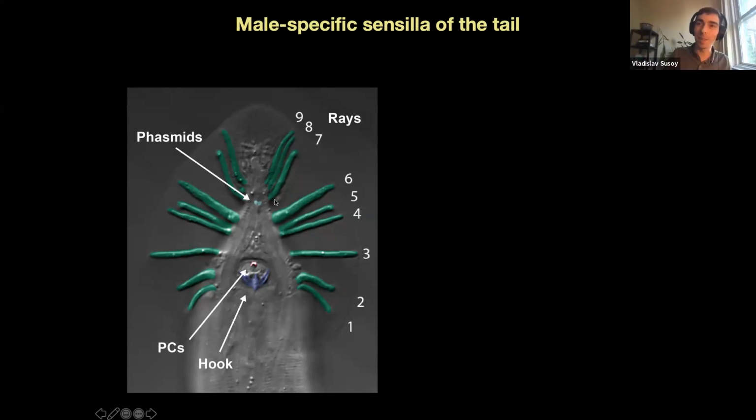So these green colored structures, singular structures, are called male rays, and the male uses these structures to sense the body of the hermaphrodite, and later we showed that many of them are tuned to different features of the hermaphrodite. There are additional sensory structures here and here, and in total we are talking about more than 50 different sensory neurons.